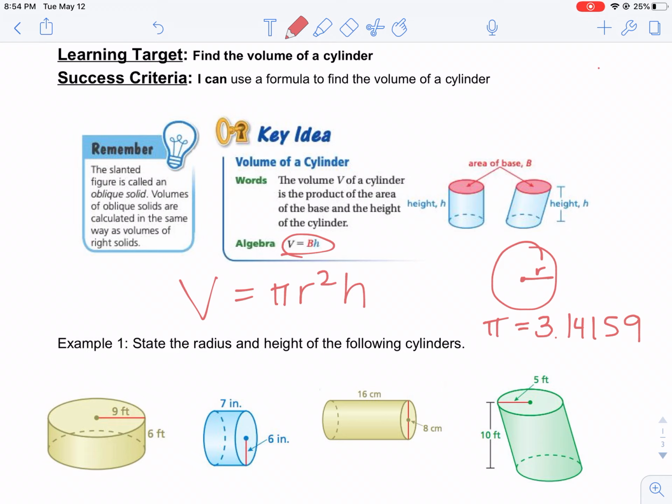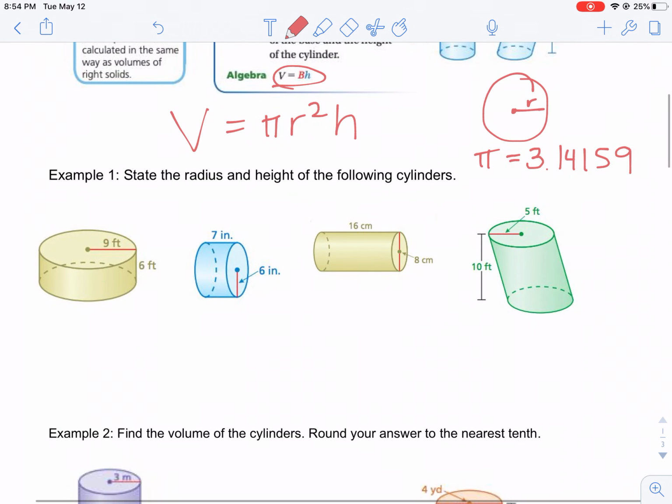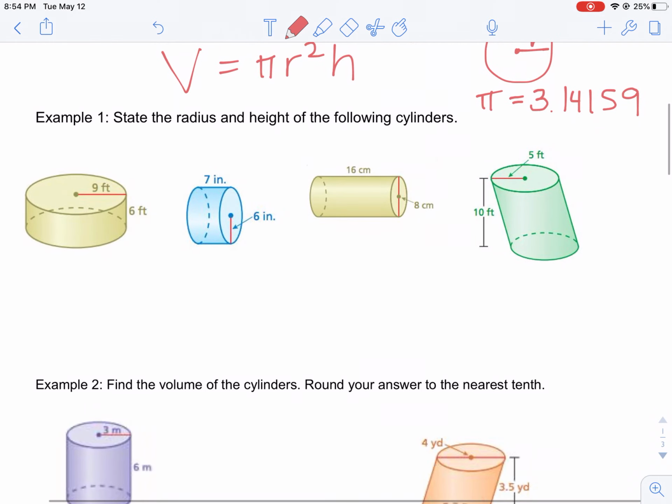Okay, so to use this formula, we need to know the radius and the height. So we're going to look at 4 pictures and just how we can identify the radius and the height. So the radius in the first picture is from the center all the way across, so that's 9. And then your height is how tall the cylinder is, so that would be 6.